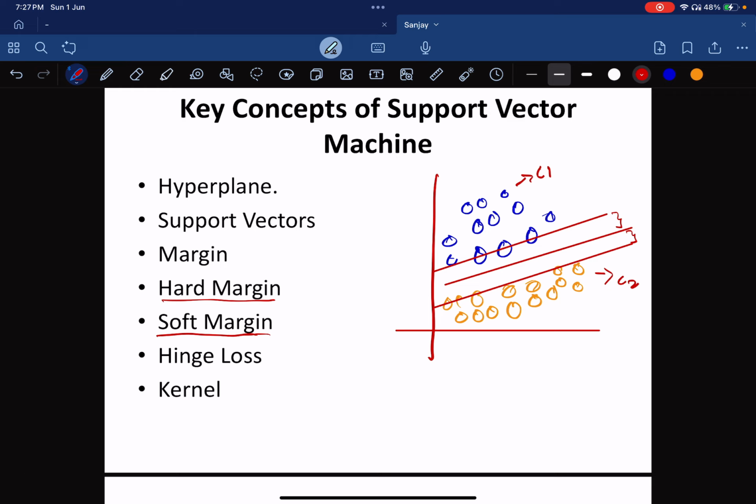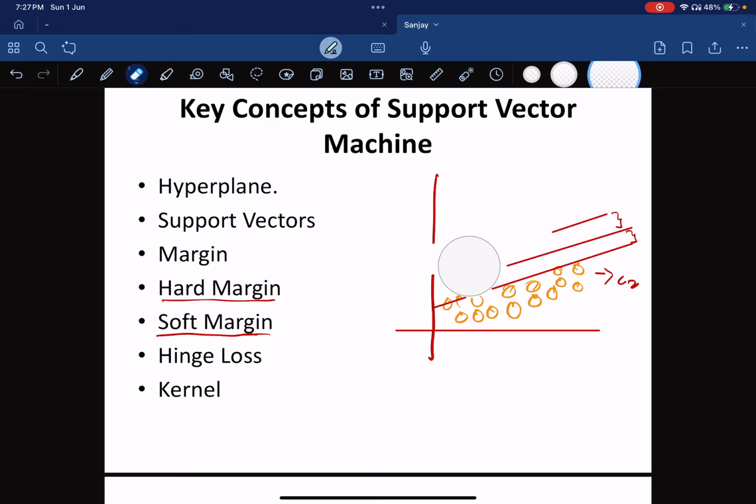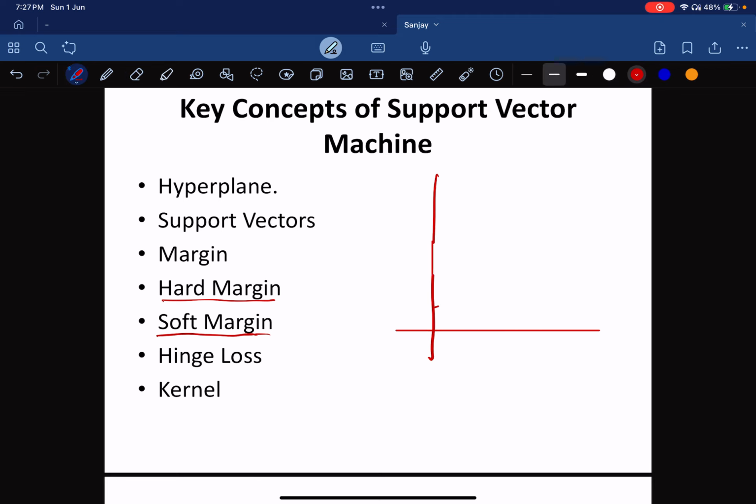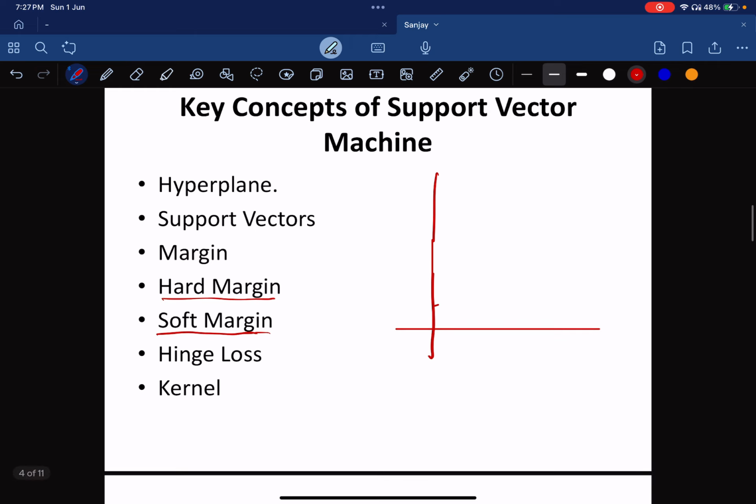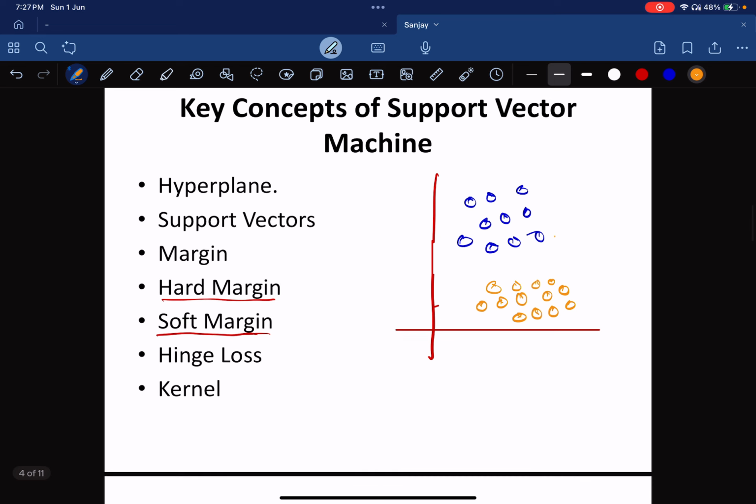For example, these are the blue classes, these are the yellow classes, and any data which is near the blue classes must be in a similar class.